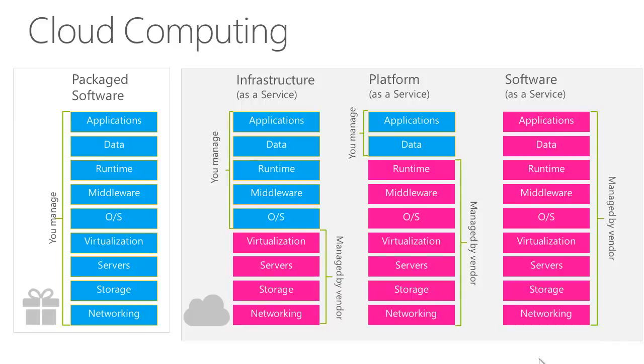If I talk about infrastructure as a service, earlier in on-premise you managed all the things. In infrastructure as a service, you have to manage your applications, your data, your runtime, your middleware, and your operating system. You have the power to manage these things, but the other things are going to be managed by vendors automatically.